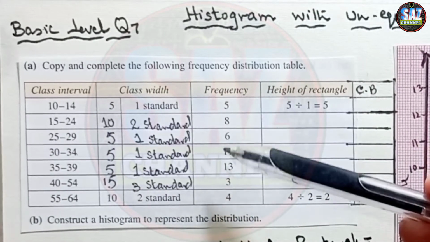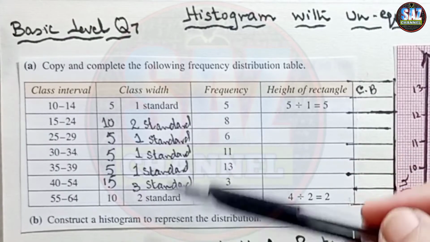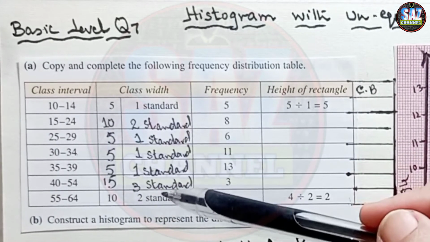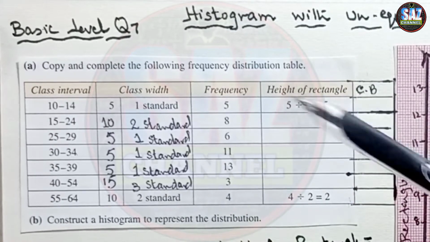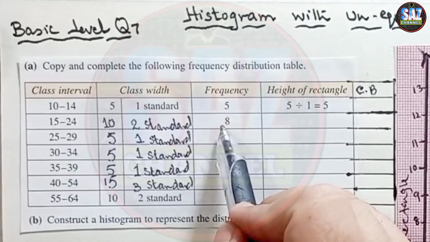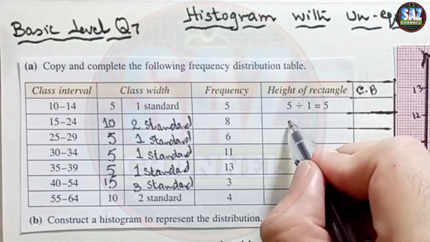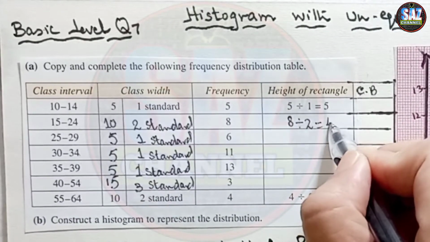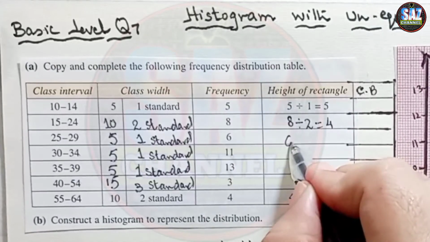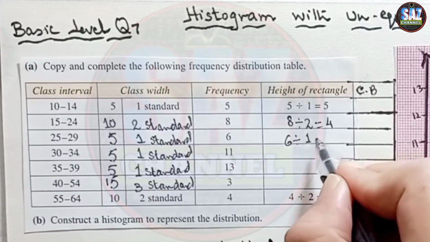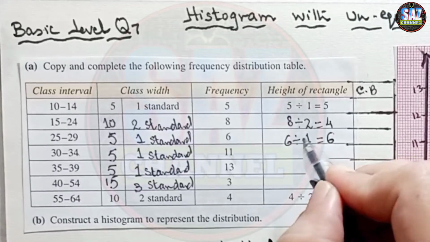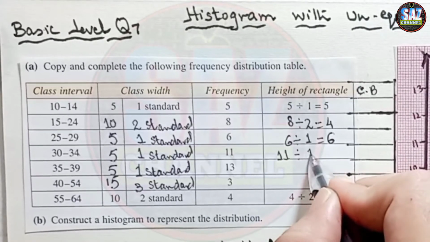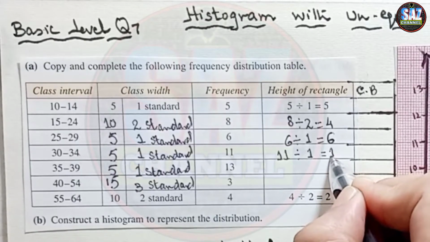And then frequency is given, but as the class width is not the same, we have to construct a new frequency column. So 8 will be divided by 2, and this will give me 4. 6 divided by 1, and this will be 6. 11 divided by 1, and this will give me 11.